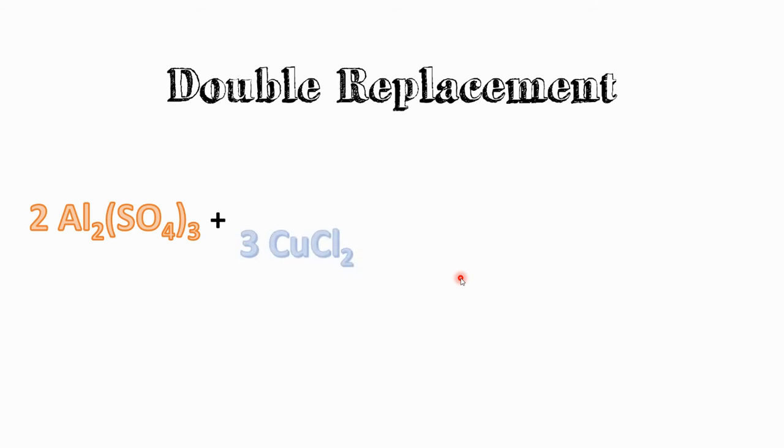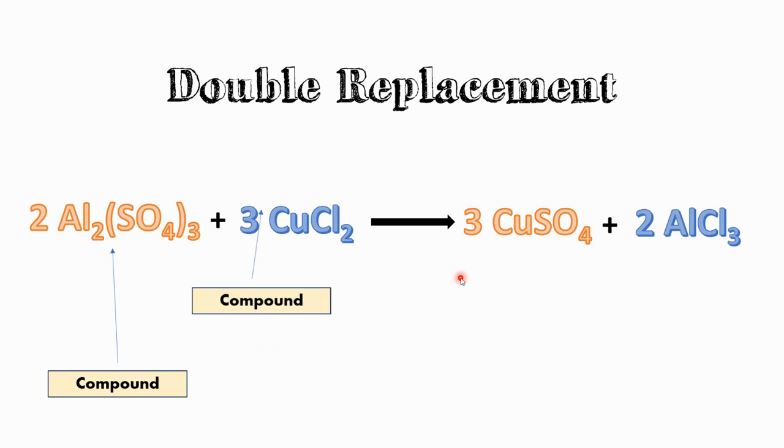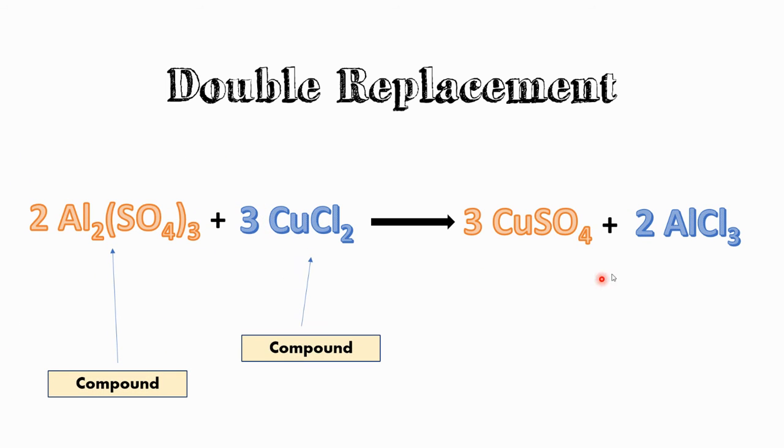In a double replacement reaction, we would have something that looks more like this, where we have a compound plus another compound, giving 2 new compounds. So here we're going to pay attention to the first 2 elements. Again, we're going to pay attention to the metals, the aluminum and the copper. Now, in a double replacement reaction, these are going to swap places.